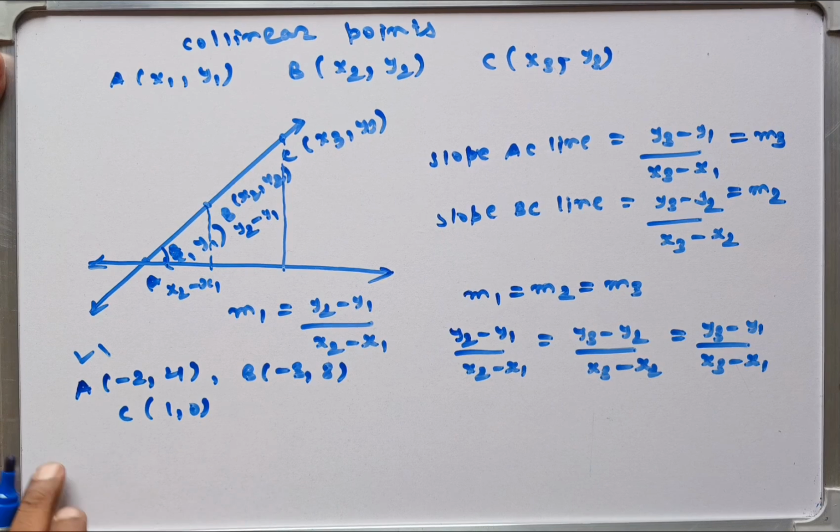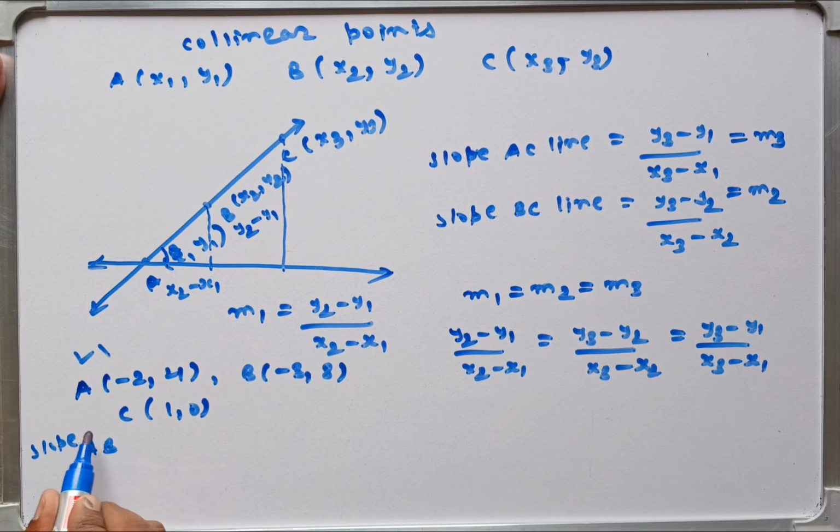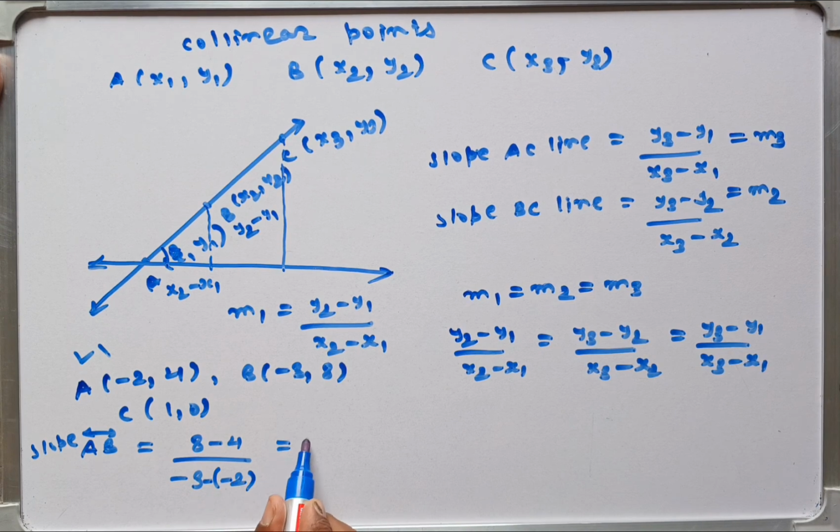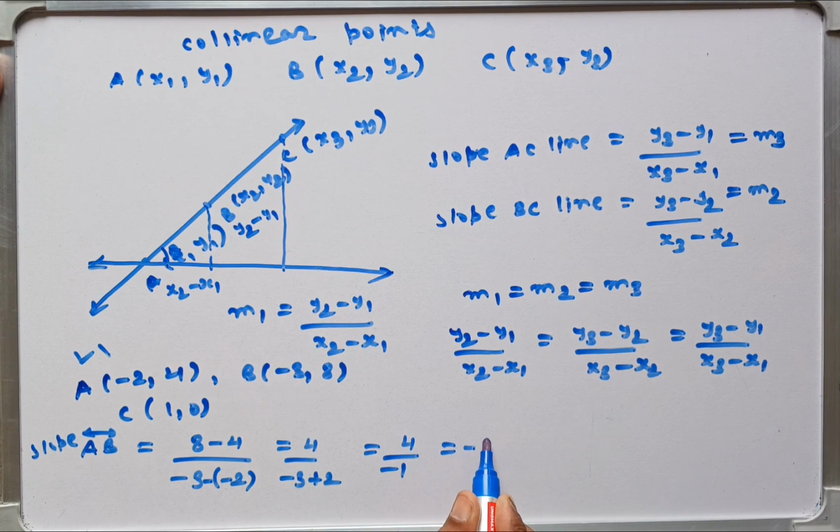If we want to know the slope of line AB, we can write 8 minus 4 divided by minus 3 minus of minus 2. So this will come 4, and this will come minus 3 plus 2, that is 4 over minus 1, which is minus 4.